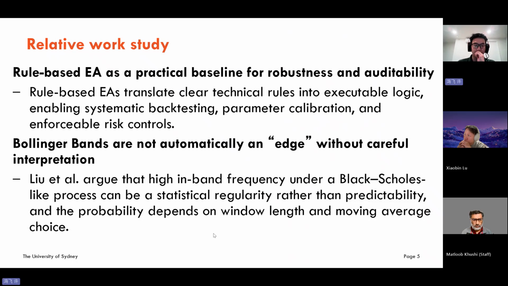And the second one says Bollinger Band is not automatically an edge without careful interpretation. That means though Bollinger Band is a useful tool, you can't count on it to work every time. Just when it hits the upper band, it will fall back to the middle, or when it hits the lower band, it will go back to the upper. So there have to be other constraints to make the strategy work.